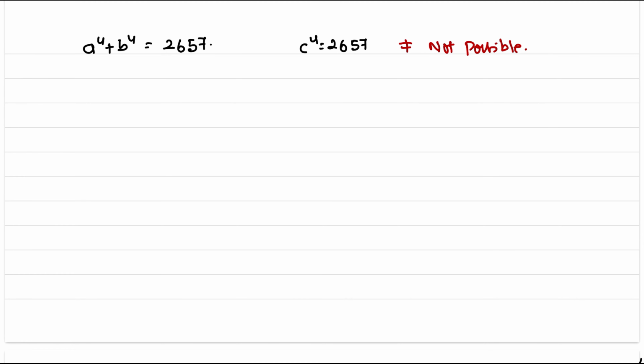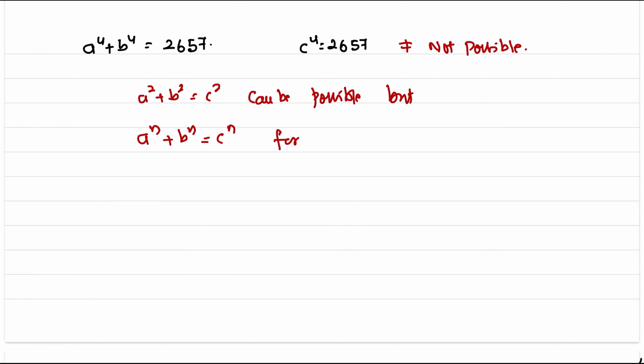Hence, as per Fermat's theorem, a square plus b square is equal to c square can be possible, but a to the power of n plus b to the power of n is equal to c to the power of n for n greater than 2 is not possible.